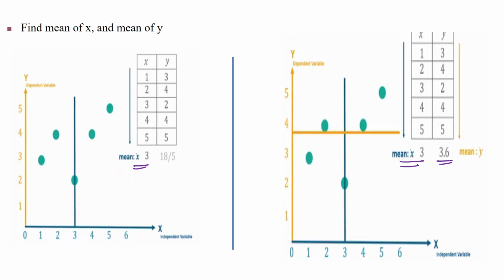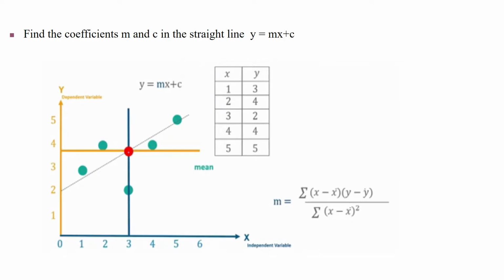So we have calculated mean x and mean y as 3 comma 3.6. For mean x of 3 you get the vertical line, and for mean y of 3.6 you get the horizontal line. So this is the data point mean x comma mean y that we are calculating.